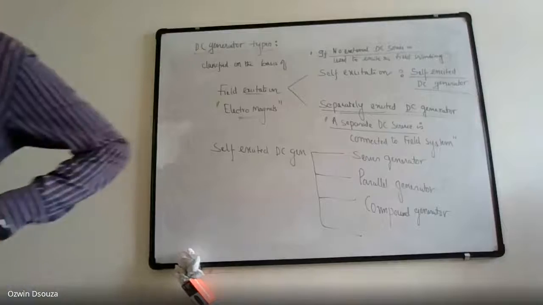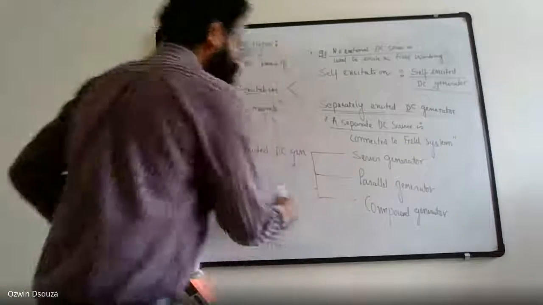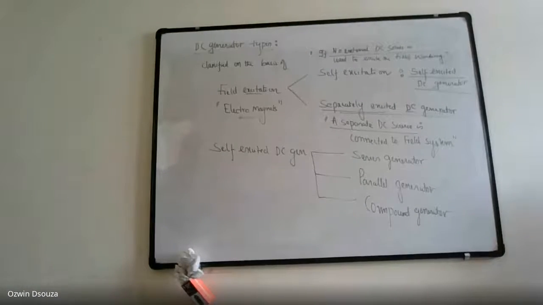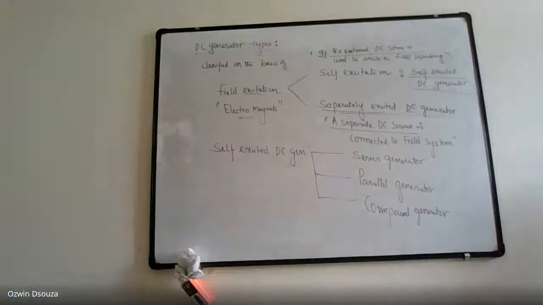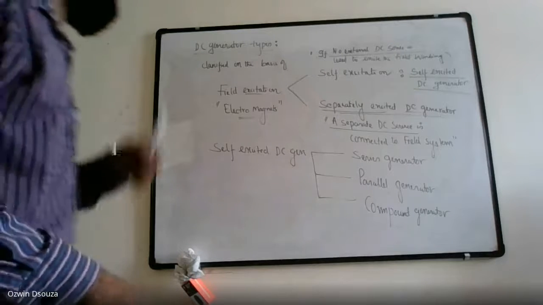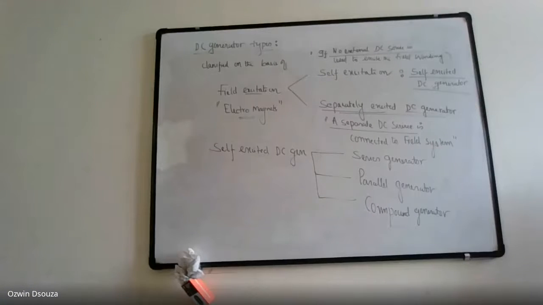Okay, three types. There's no fourth type. It's a three-way classification. And in case of separately excited, there is no further classification. We have only one type of generator. Okay. So first, let us look at the separately excited DC generator.